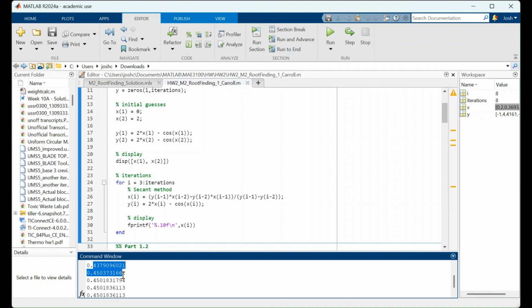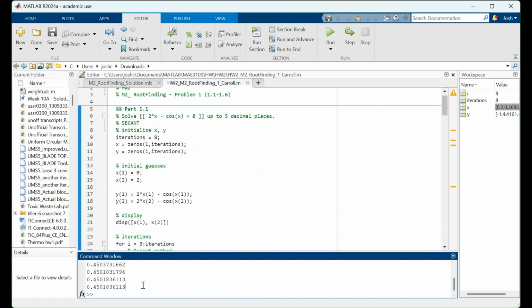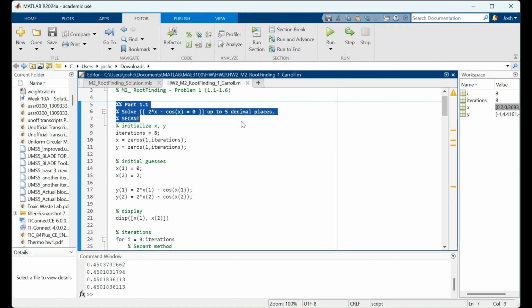So we start off with 0.437, and as you can see, secant method taking over, jumping to its value quickly, and we wanted 5 decimal places. You got 6, but yeah. So there's the secant method that I used on 1.1 for this function or equation.